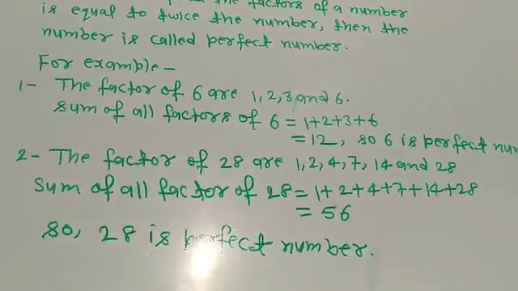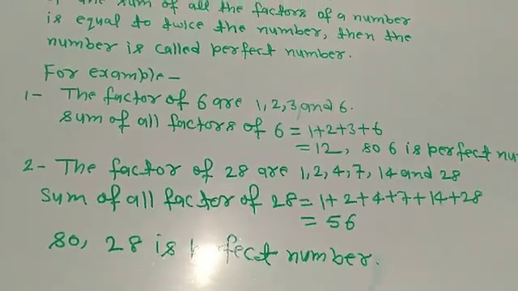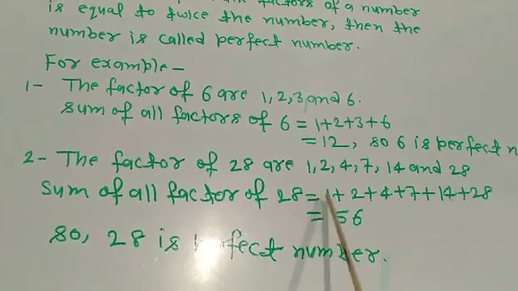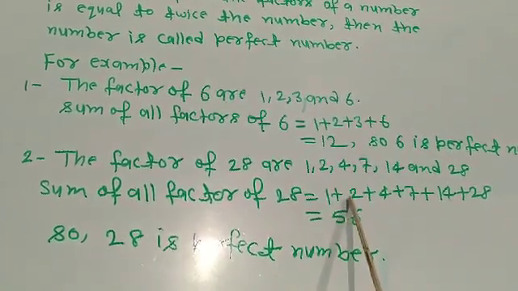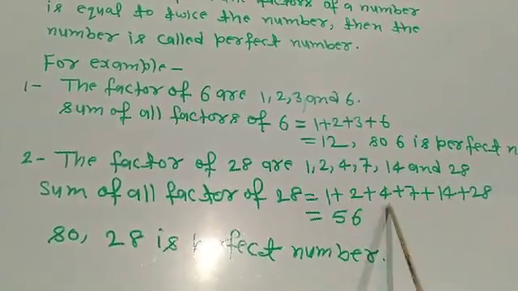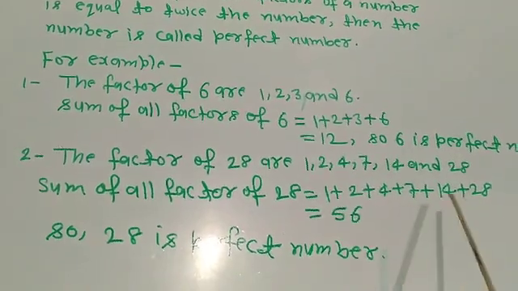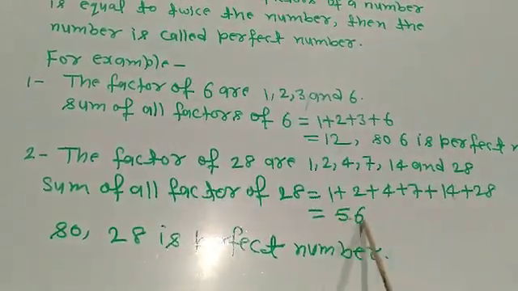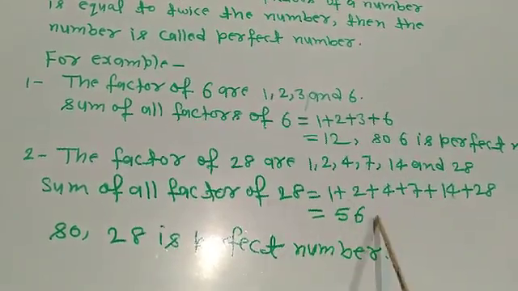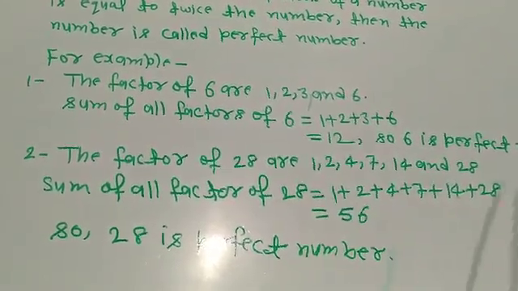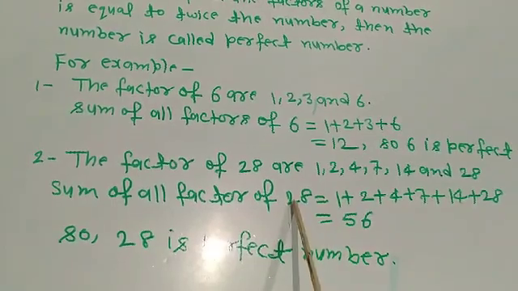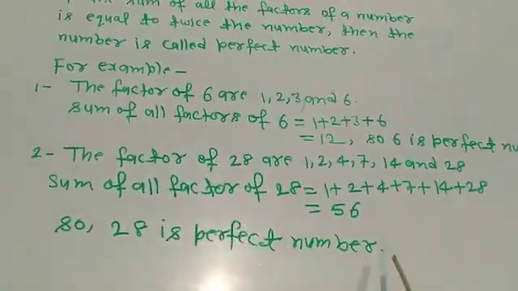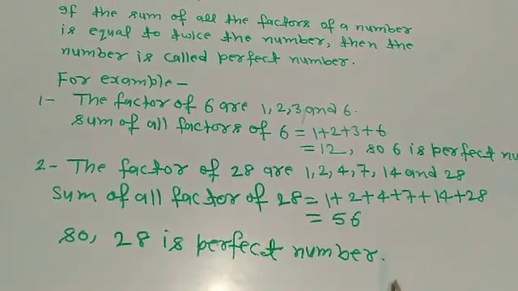So the sum of all factors of 28 is 1 plus 2 plus 4 plus 7 plus 14 plus 28, which is 56. 56 is twice 28. So 28 is a perfect number.